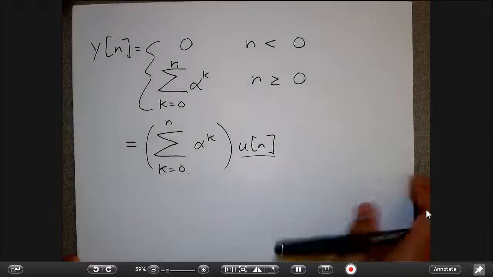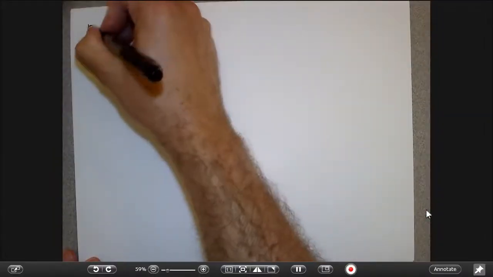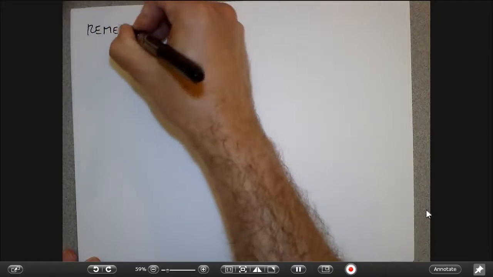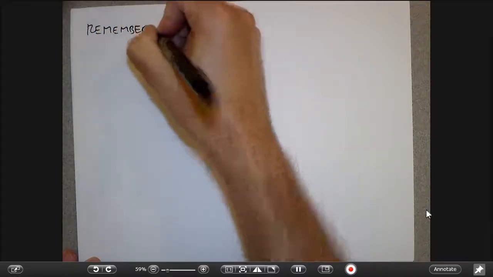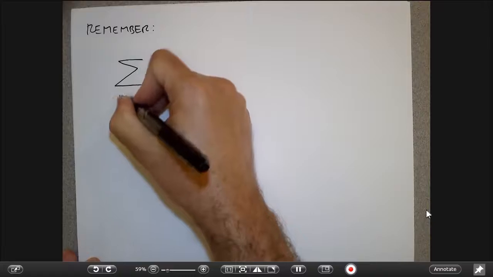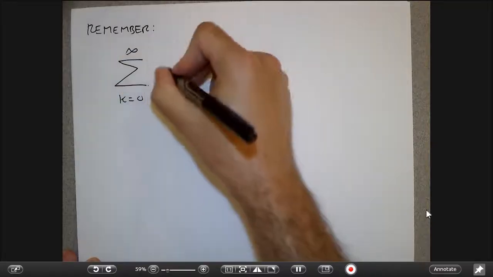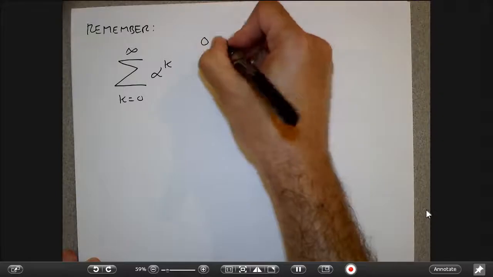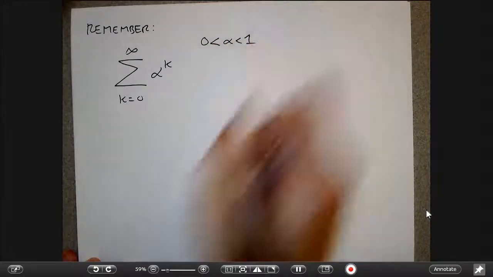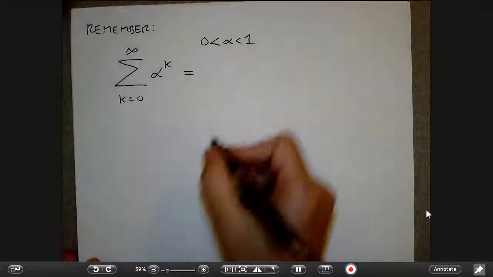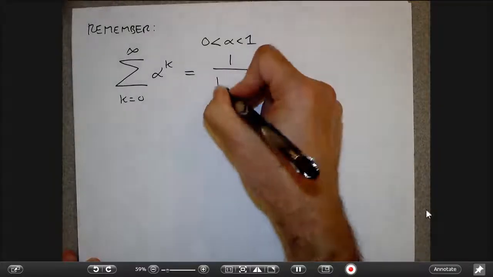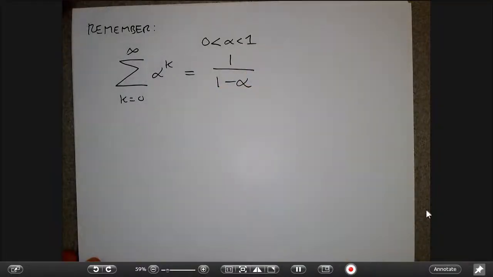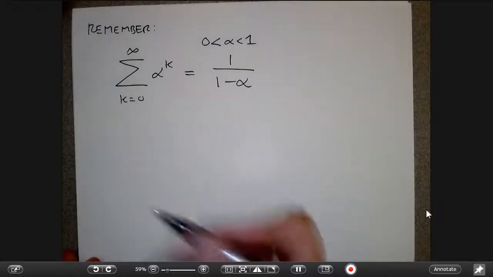So let's take a sidebar for a second and remind ourselves: when I am confronted with a sum that looks like this, if alpha is between 0 and 1, I can turn this into 1 over 1 minus alpha. And let's think about why that's true.